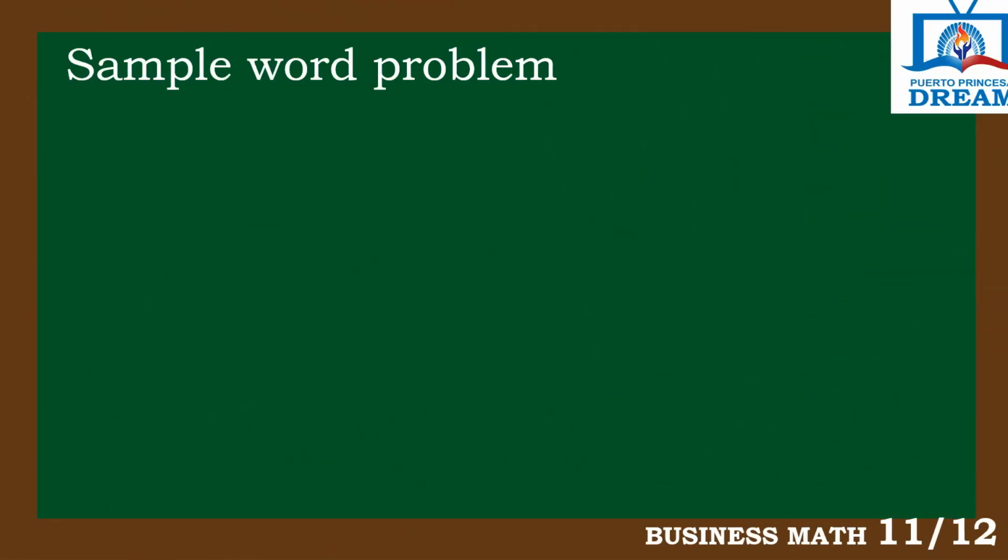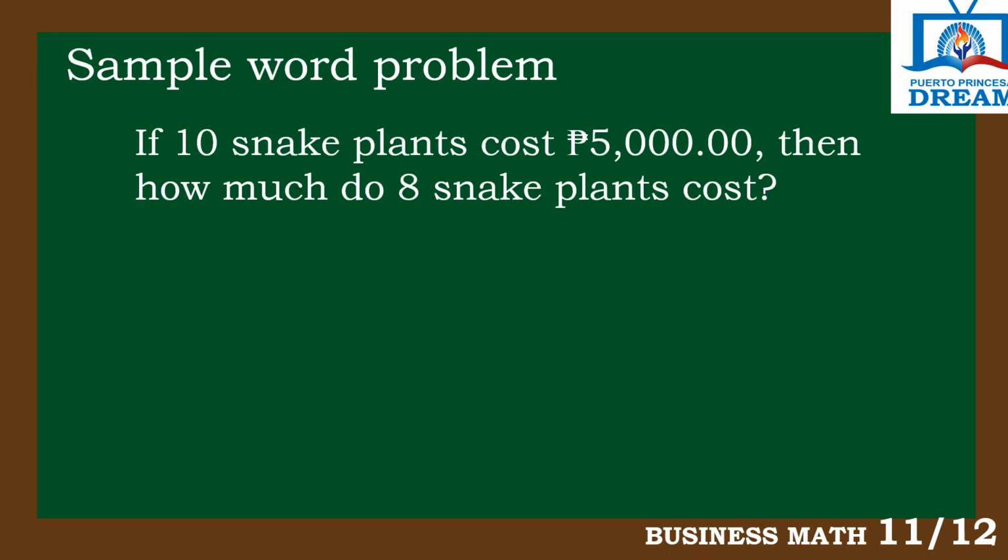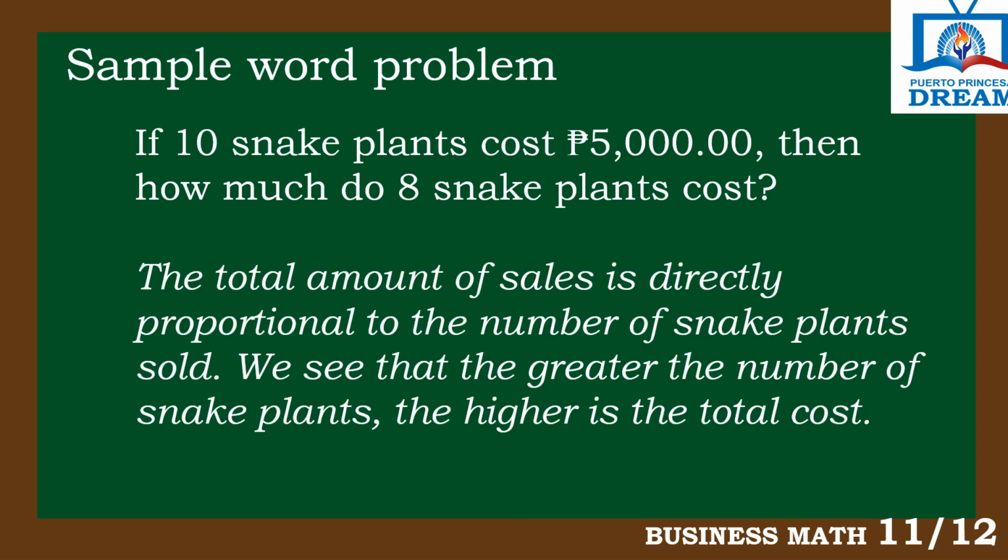Sample word problem. If 10 snake plants cost 5,000 pesos, then how much do 8 snake plants cost? The total amount of sales is directly proportional to the number of snake plants sold. We see that the greater the number of snake plants, the higher is the total cost.